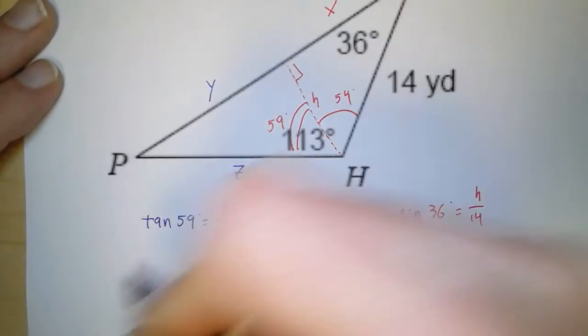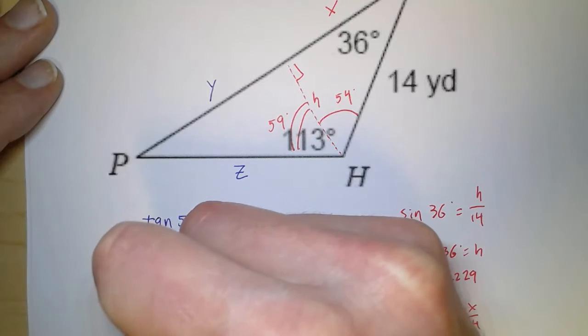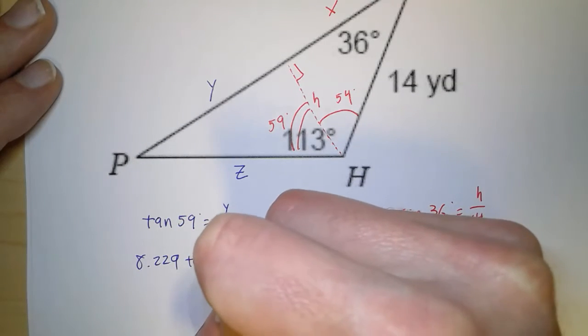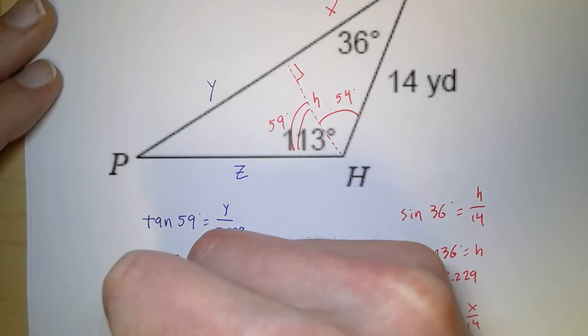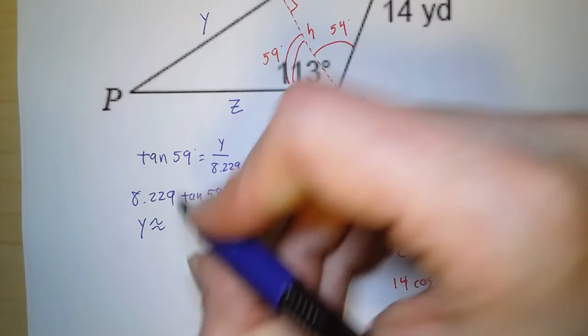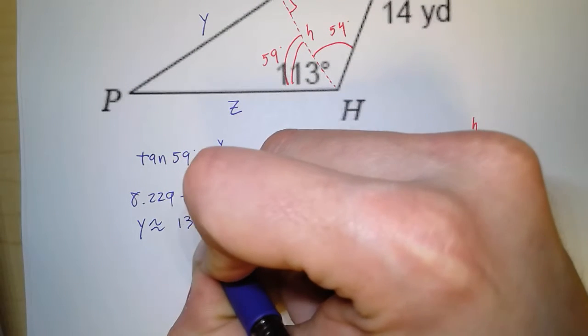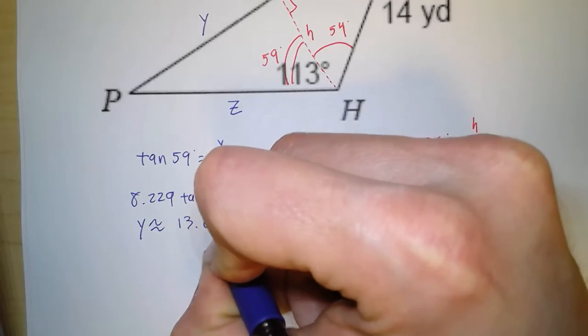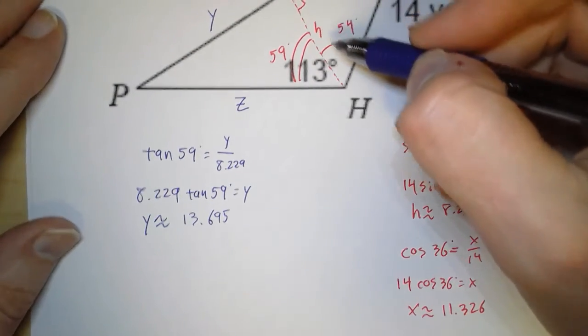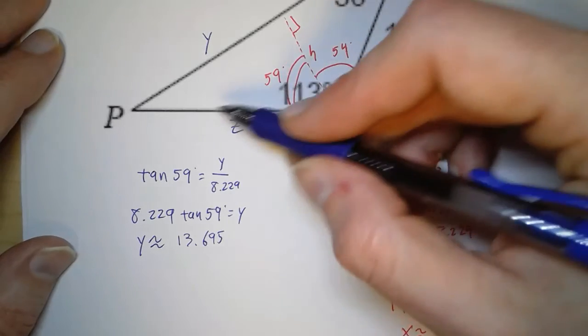So when we multiply that out, 8.229 times tangent of 59 degrees, that's going to equal y. And so y is approximately 8.229 tangent of 59 degrees, and that's going to be about 13.695.